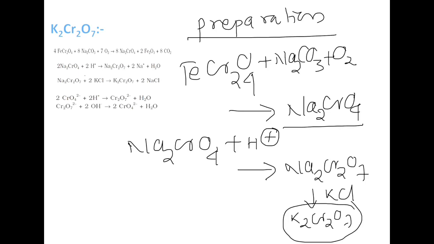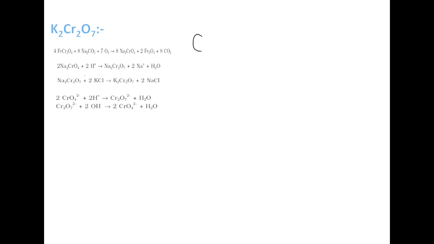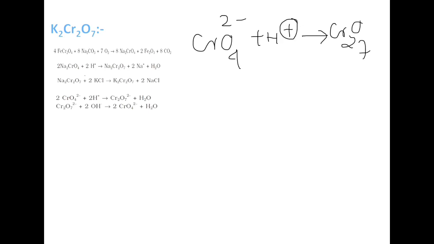The main important point is that the chromate form in acidic medium is converted to dichromate form, Cr2O7 2 minus.